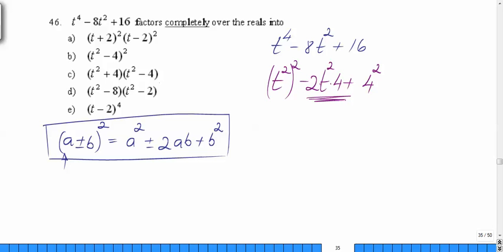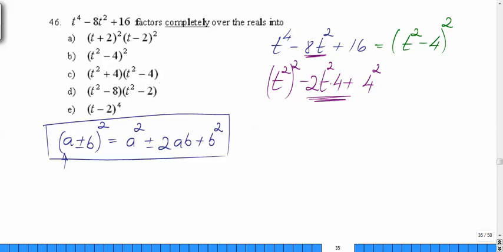This is a perfect square. And it seems to be the case, because negative 2 times 4 is negative 8. t squared will give me exactly the middle term here. This way, I can say that t to the 4th minus 8t squared plus 16 is nothing else but t squared minus 4, everything squared.